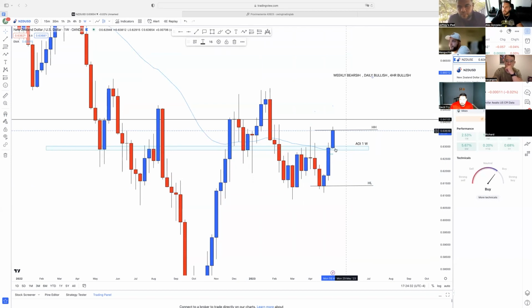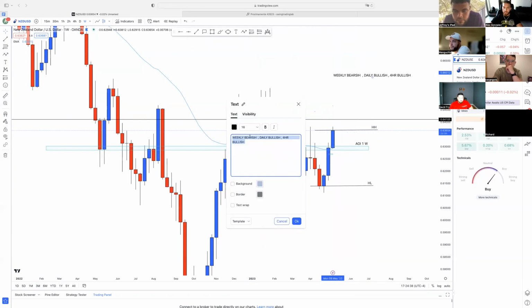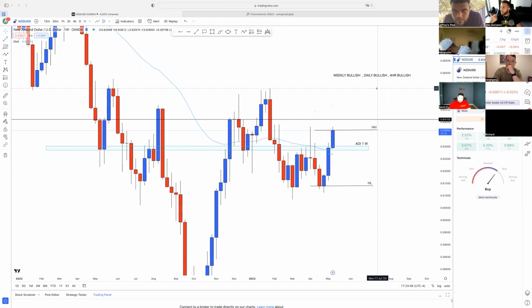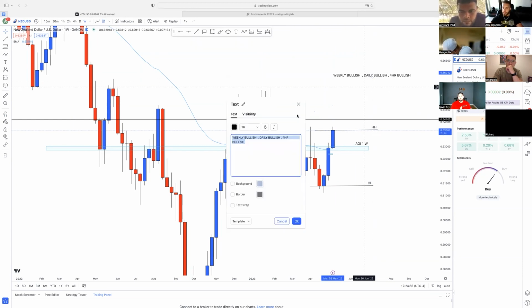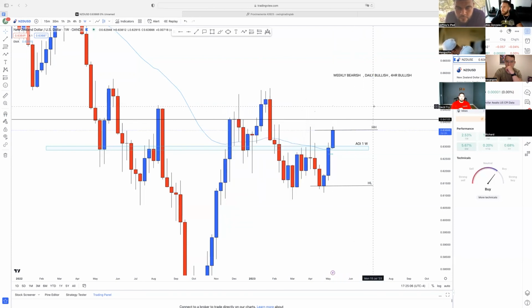As of right now, we are looking for a weekly area of interest because the weekly is bullish. So we look for an area of interest on the weekly and the daily to see if we can get both of them to align and make one solid area. But if we don't have the weekly with it, then we only look for an area of interest on the daily, because we only look for areas of interest on the weekly or the daily. If that makes sense, type 1. If it doesn't, type 2.